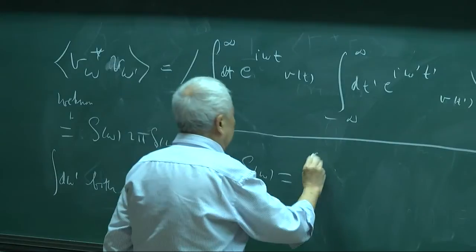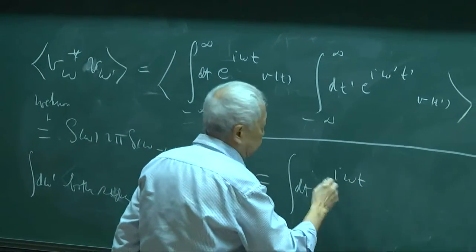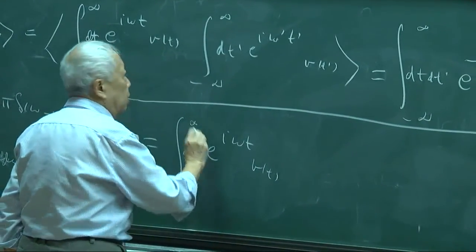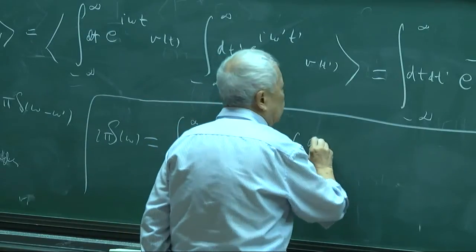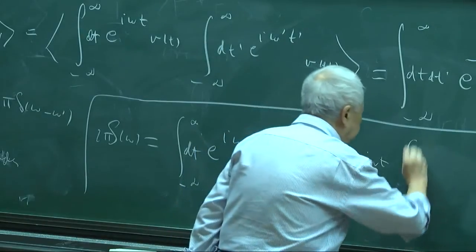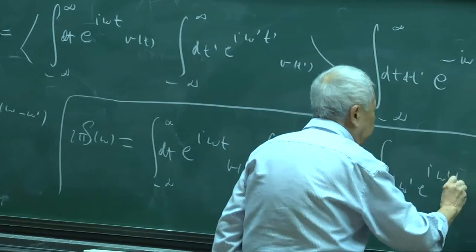Here I just have dt e to the I omega t. This is untouched because I'm integrating over omega prime. Here I have dt prime e to the minus I omega t, and now I have the integral d omega prime e to the I omega prime t prime times v of t prime.